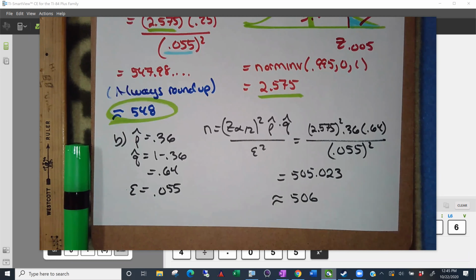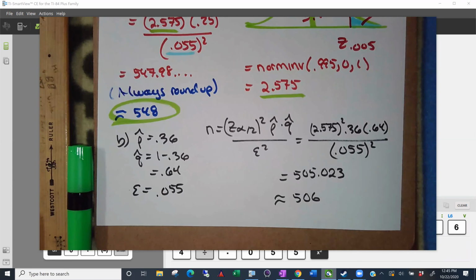Let me go back and cover a part of a question that I didn't really answer when we went through it. Yeah, it was back to example C. There's a little part of example C that I didn't answer.